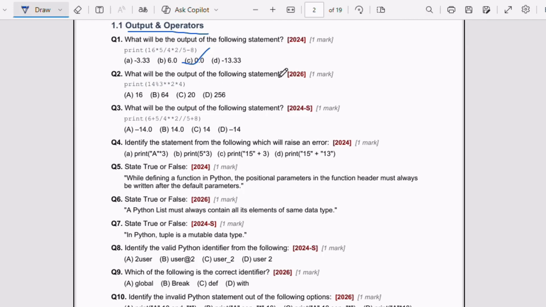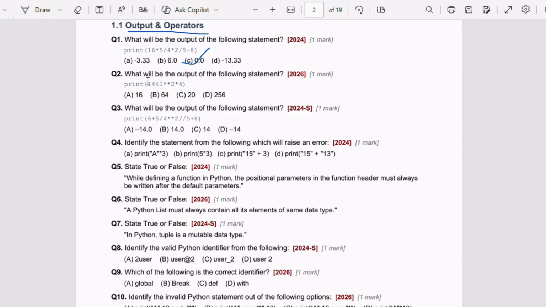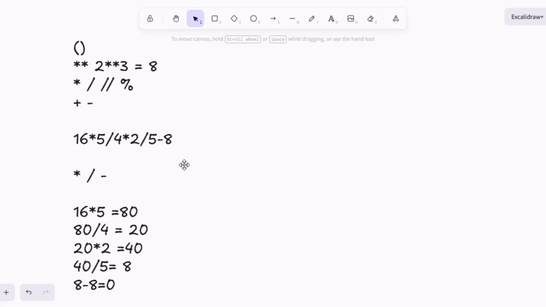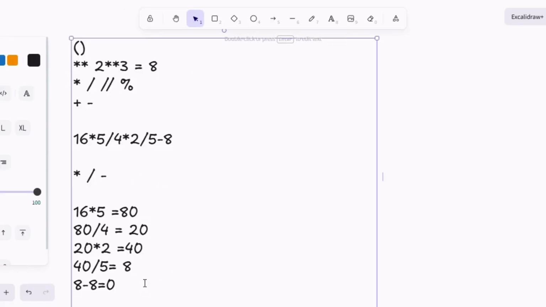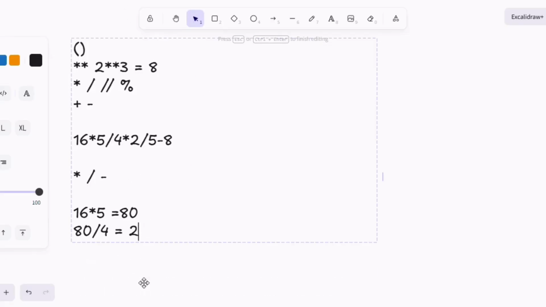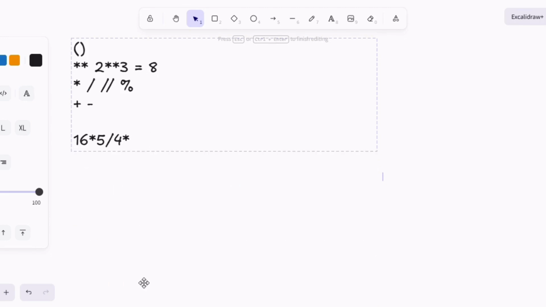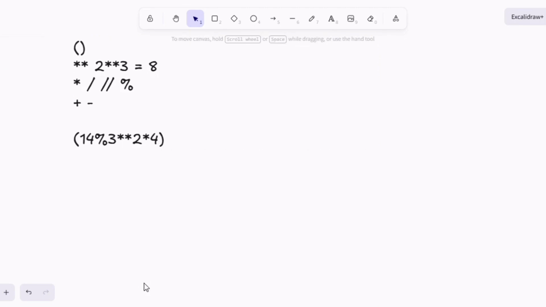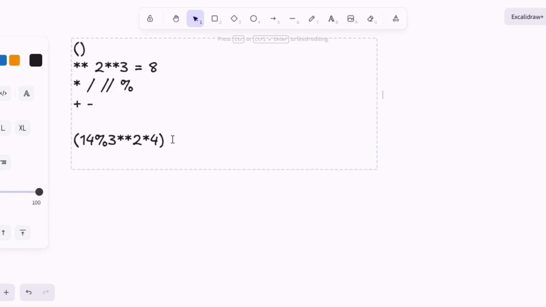What will be the output of the following statement? See, again over here you can see we have to identify the precedence of the operators. Okay. So let's solve this again. What are we going to solve first?